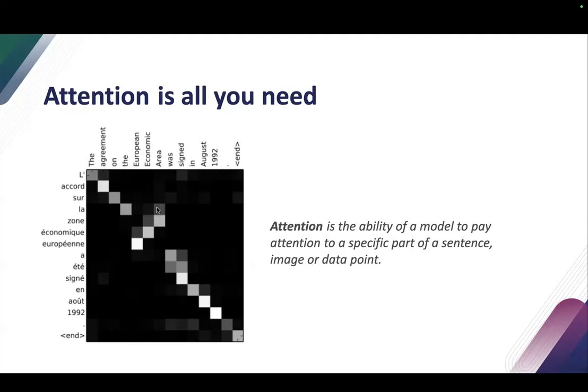It's paying attention to la and zone. So it's aware of the idea that when you're converting from one language to another, words don't necessarily come in the same order, and you need to pay attention to the whole context of the sentence. That's one proof of how transformers have the ability to pay attention to specific parts in a sentence, or specific parts in an image or a data point.